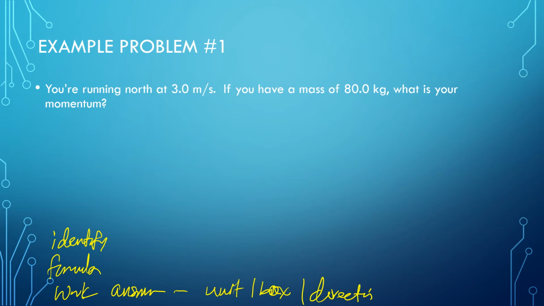So if you're running north at 3.0 meters per second and have a mass of 80 kilograms, what's your momentum? This is my velocity, this is my mass, this is my momentum. p equals m times v. So 80 kilograms times 3.0 meters per second. 80 times 3 is 240 kilograms times meters per second.